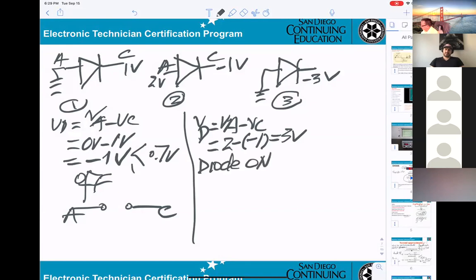And when on, they will look like a battery. Positive here, negative here, value 0.7 volt or 0.3 volt, depending on silicon or germanium.